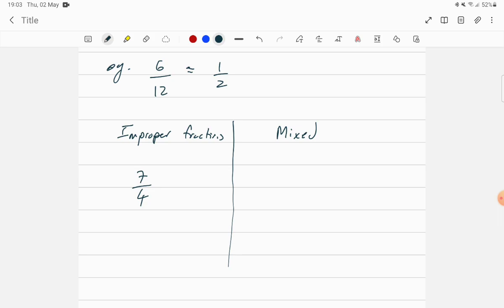A mixed number, on the other hand, if you need to convert this into a mixed number, would be 1 and 3/4. So this is made up of a whole number.